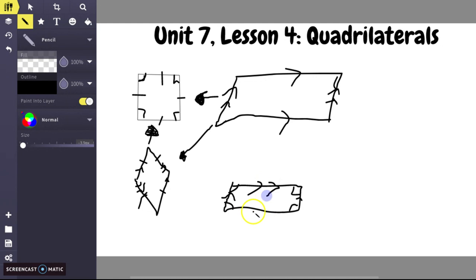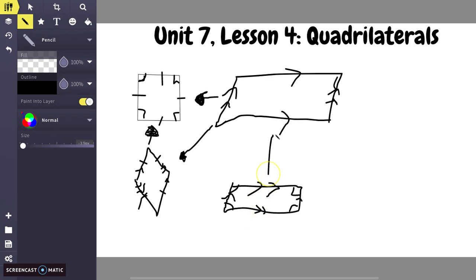Only the opposite ones are. So, since there's all parallel sides, a rectangle is also a parallelogram. But since there's 90-degree angles, then a square is also a rectangle. A square is a rectangle, but a rectangle is not a square. Basically, if you combine a rhombus, rectangle, and parallelogram, then there you go. It becomes a square.